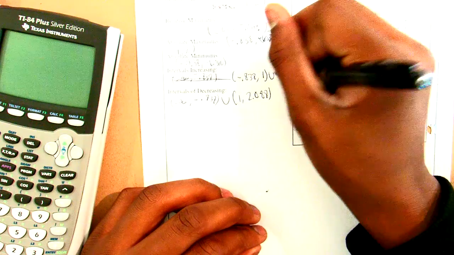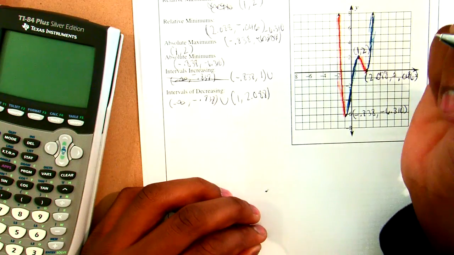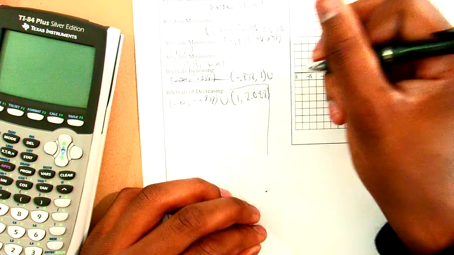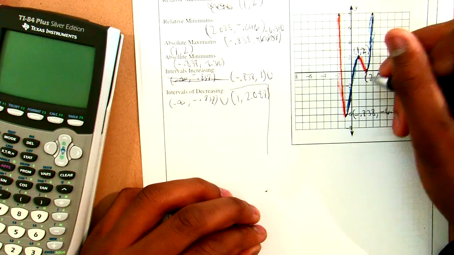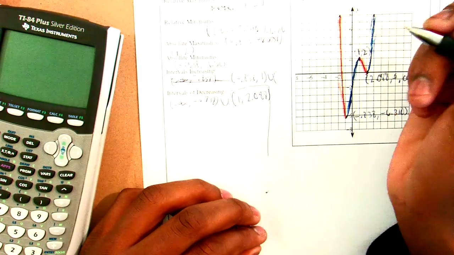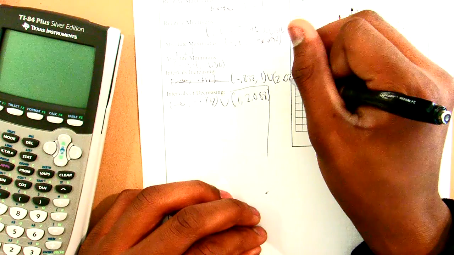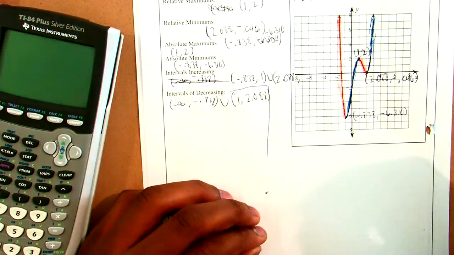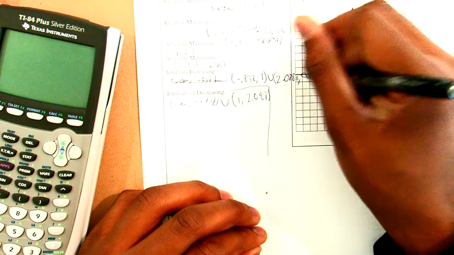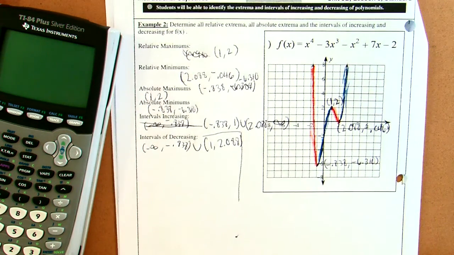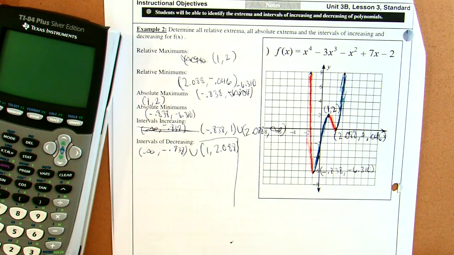And then we're going to separate it by a union. And then for the next one, it's from 2.088, comma, infinity. And yes, that is it for example 2. All right. Thanks, John.